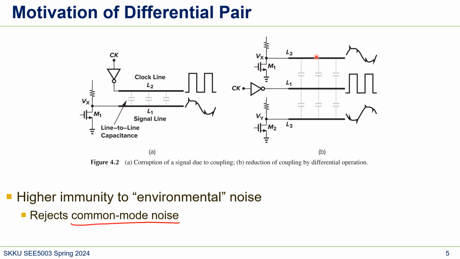But let's assume that we use a differential pair, and we draw a line like this. In the layout, let's say the metal wire routing actually looks like this. We have Vx and Vy, and let's say Vout is Vx minus Vy. And there's this clock wire, which is an interference.